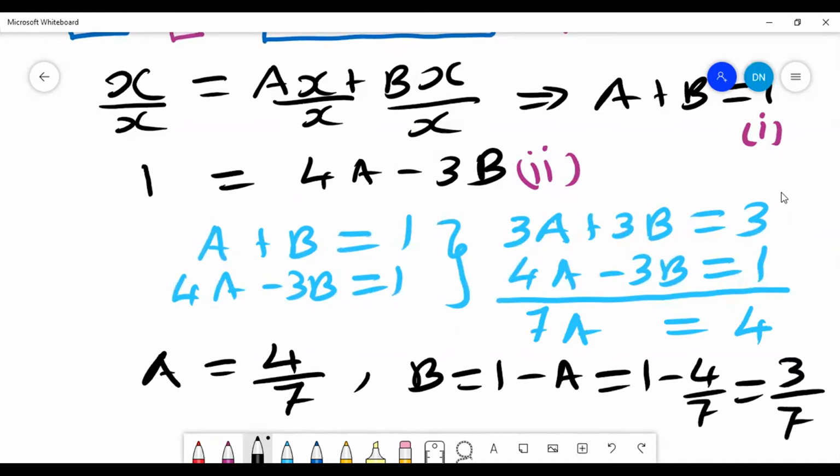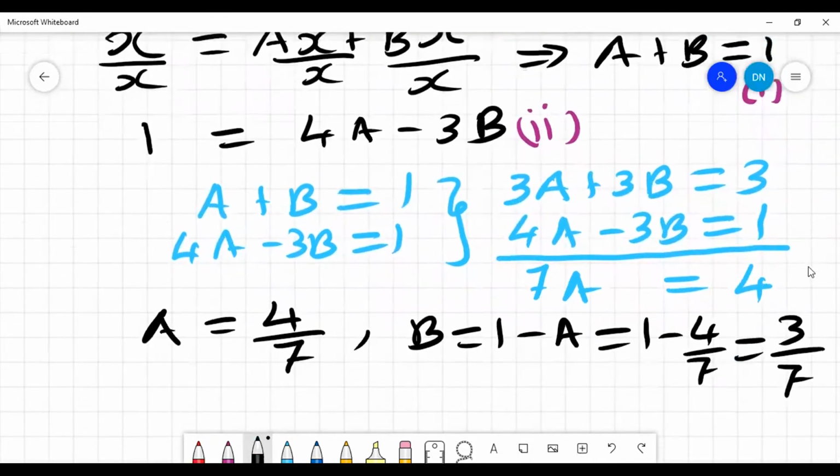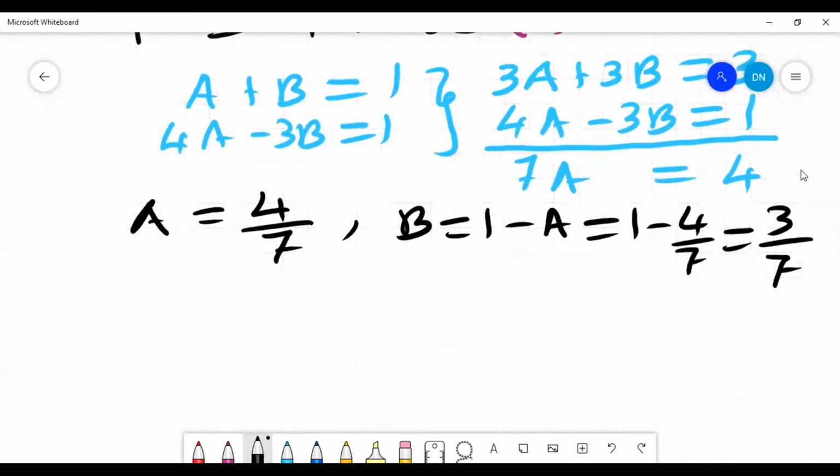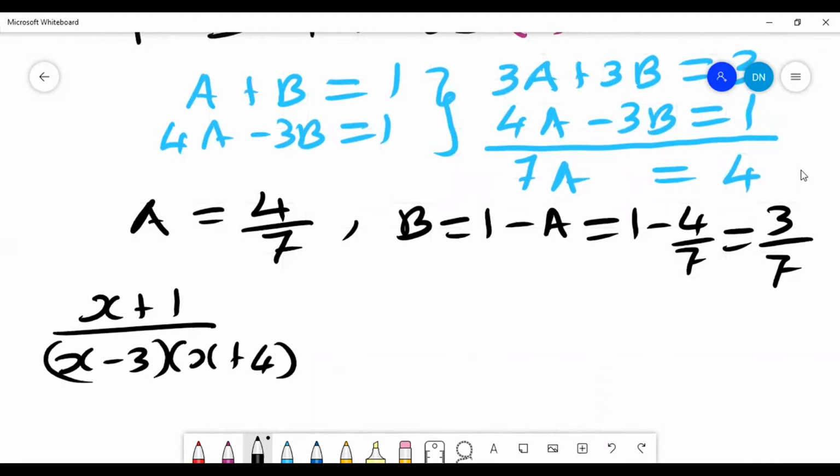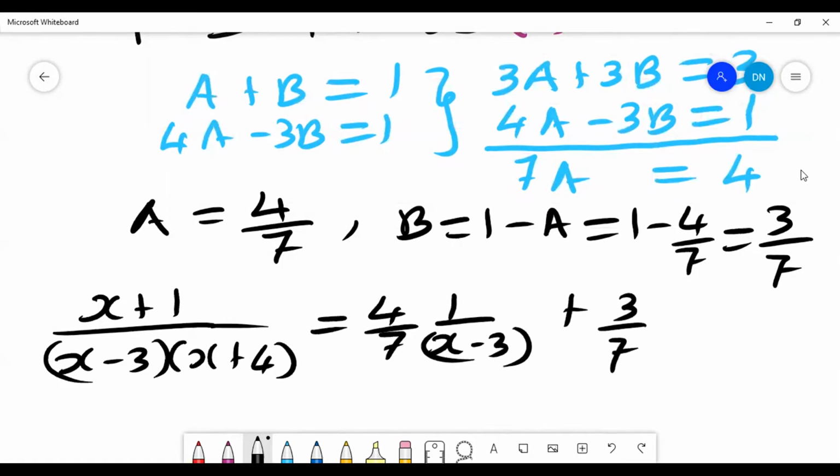And now remember how we wrote down our equation at the beginning. We said that x plus 1 over x minus 3, x plus 4 should be equal to 4 over 7 times 1 over x minus 3, plus 3 over 7 times 1 over x plus 4.